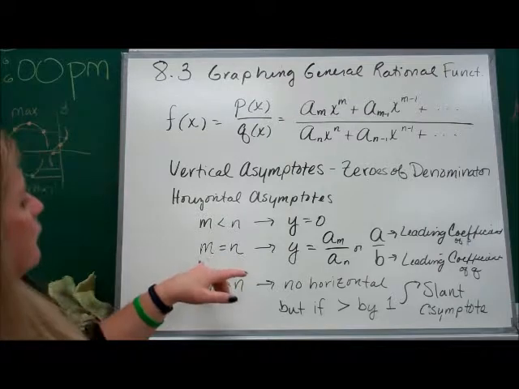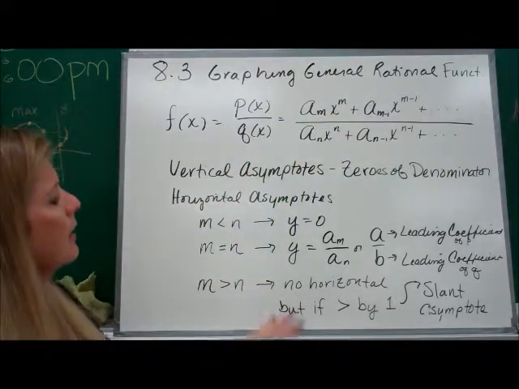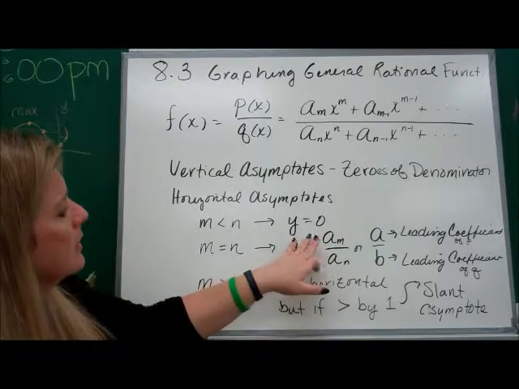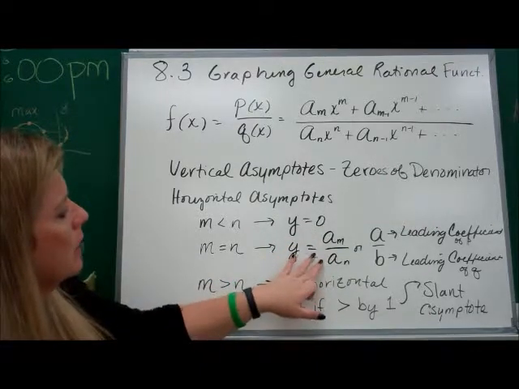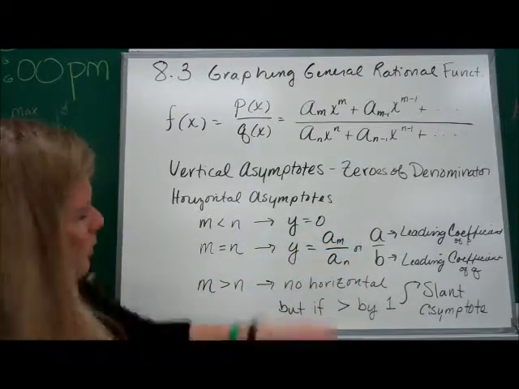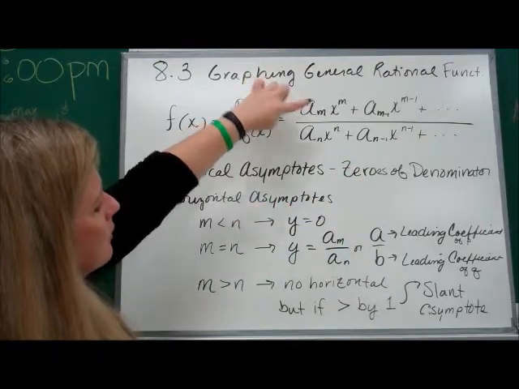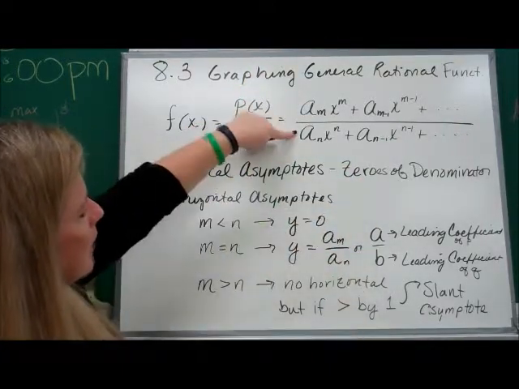If m is equal to n, so the degrees are the same, then y equals a sub n over b sub n, or a over b if you want to call it that. This is the leading coefficient of the numerator, and this is the leading coefficient of the denominator.